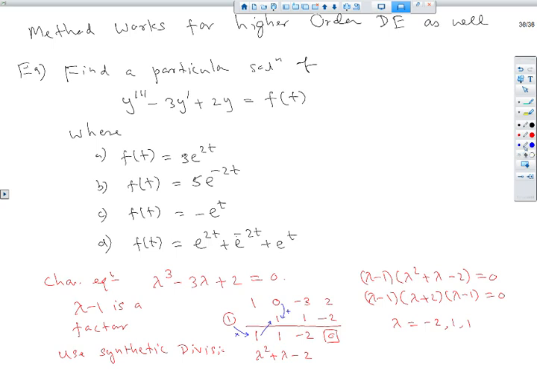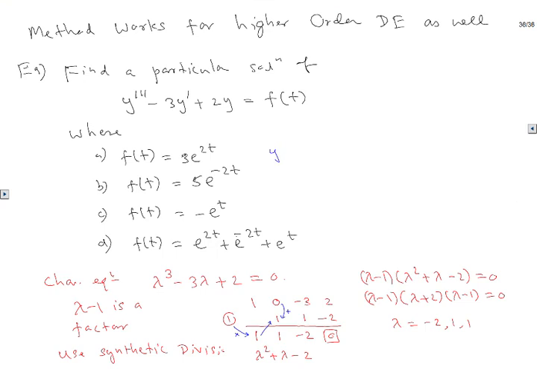For the first one, yp is A e to the t, since 2 does not match. The second one is negative 2, and that's going to match. Since it matches, you have to add an extra t, so it is B t e to the negative 2t.